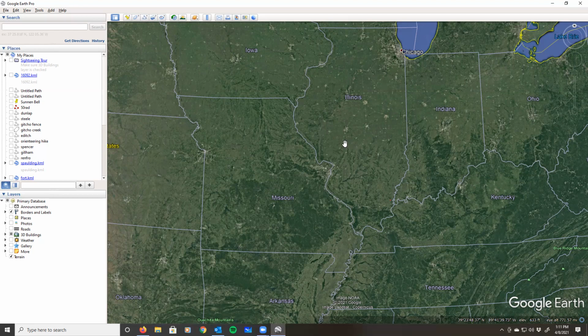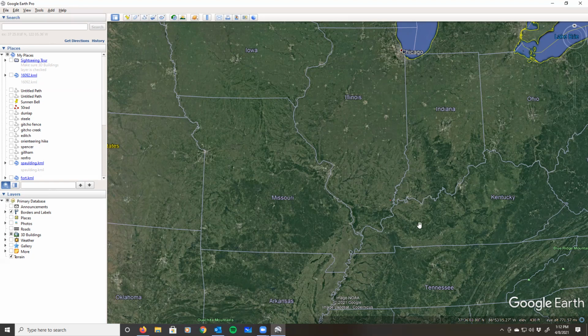Now, the Illinois East Zone does the same sort of thing, but it has a meridian there of 88 degrees, 20 minutes west. It's also using the same north latitude, so 36 degrees, 40 minutes north.